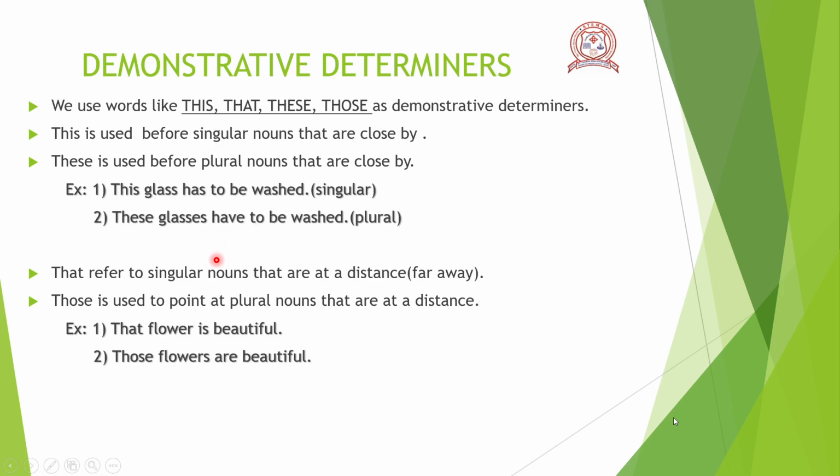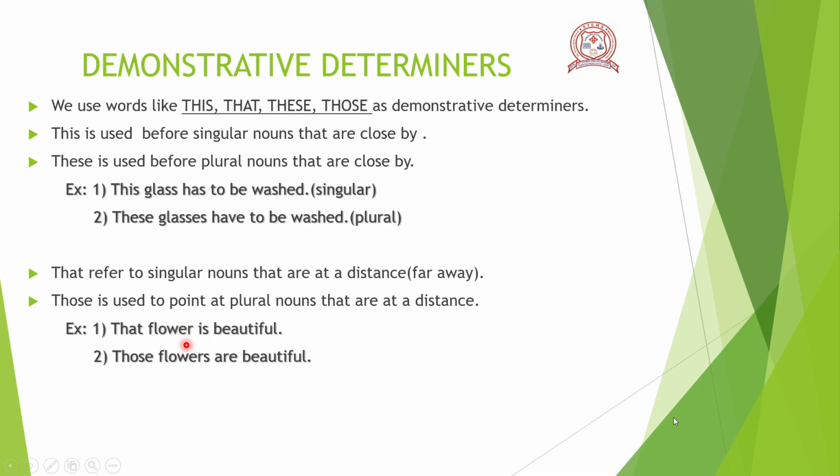Okay, now moving on to the next one, that refers to singular nouns that are at a distance, and those is used to point at plural nouns that are at a distance. Now, when you compare both this, that, and these, those, you will understand the difference. That is used to refer to singular nouns that are at a distance. That flower is beautiful.